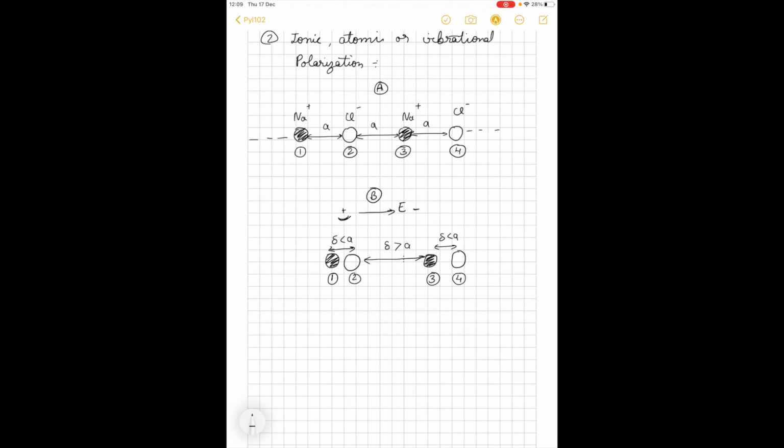All right. So let me draw one more figure. Let's say our electric field is in the opposite direction, something like this. Then this side would be positive, this side would be negative. Then what will happen? Number 1 would move towards this side.